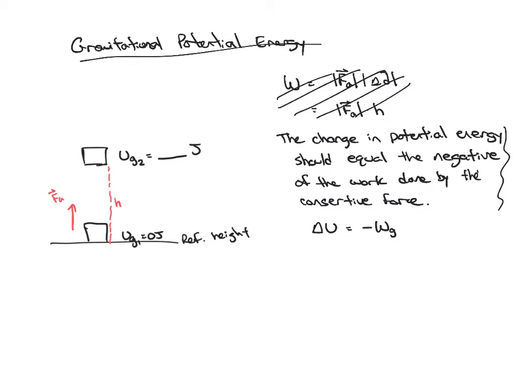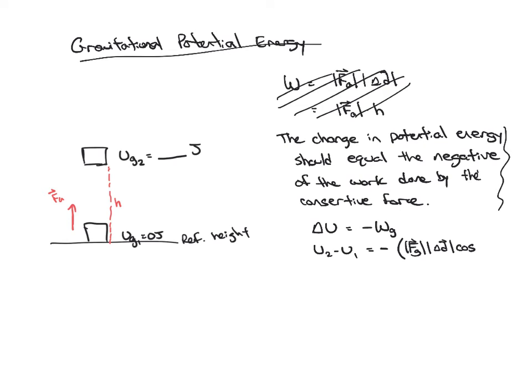So if we change delta U to U2 minus U1, and we have the negative of the work done by gravity. Okay, so just copy down the negative sign. Now the work done by gravity would be the force of gravity times the displacement, which is going to be the height, times cosine of theta.